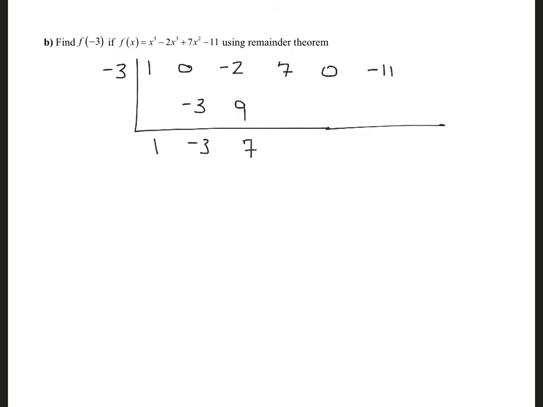Then negative 21. So this becomes negative 14. And this becomes 42. So 42 times negative 3 gives negative 126, and that gives negative 137, and that's the remainder.